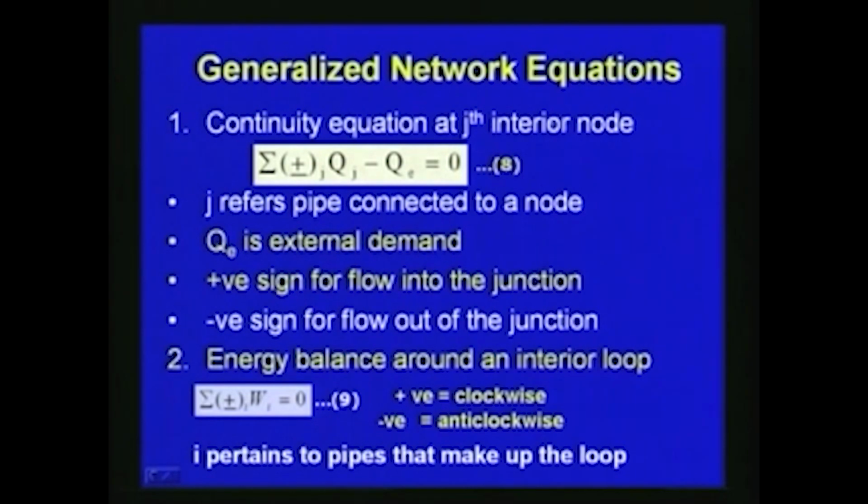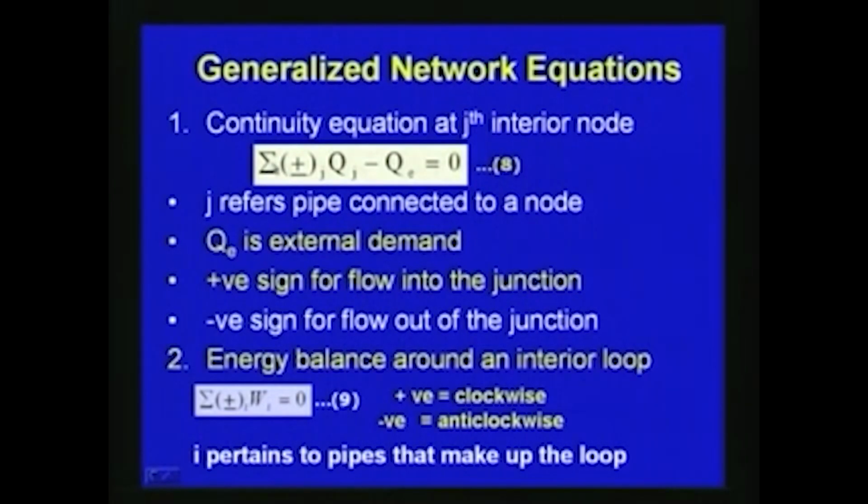At the jth interior node, we can write sigma plus or minus Qj minus QE is equal to 0, as in equation number 8, where j refers to the pipe connected to the particular node, and QE is the external demand. If there is any flow going out from the particular node, that is called external demand.